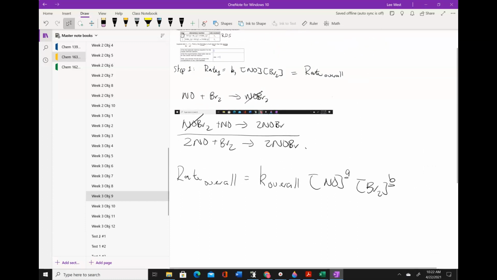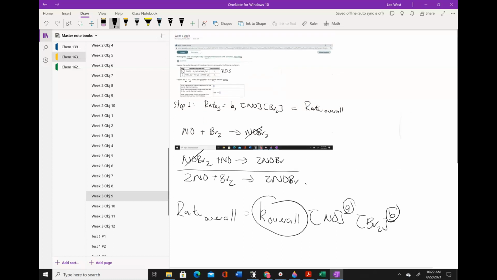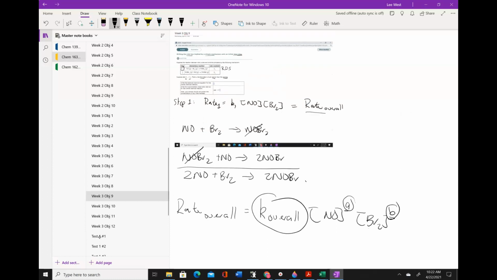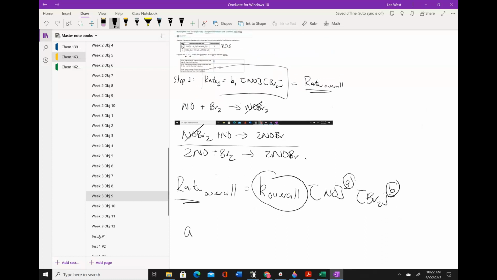The question is, can I figure out what a is, can I figure out what b is, and can I figure out what k overall is? Well, I can, because I know that my rate overall is just equal to that. So what is that really telling me? It's telling me that a equals 1, b equals 1, and the overall rate constant is exactly the same as the rate constant for the first step.